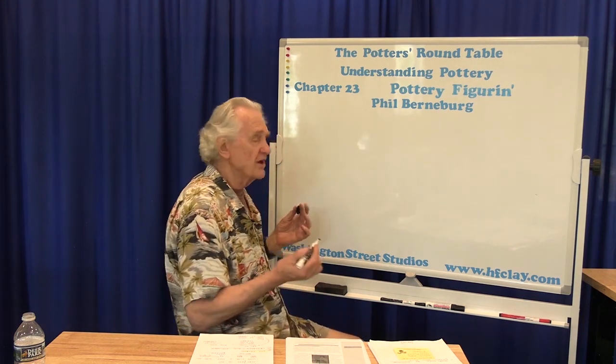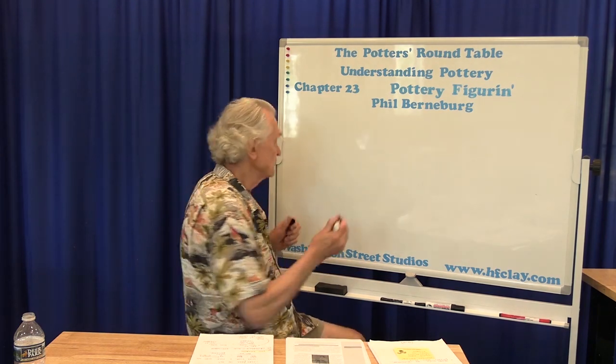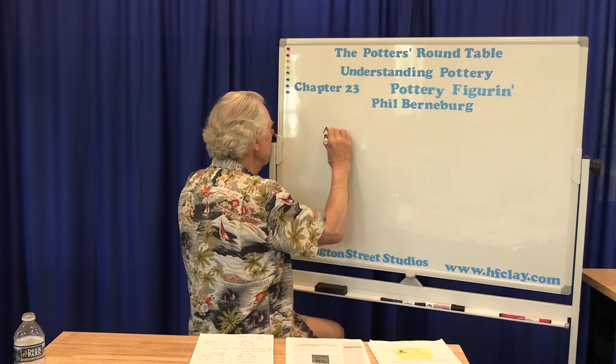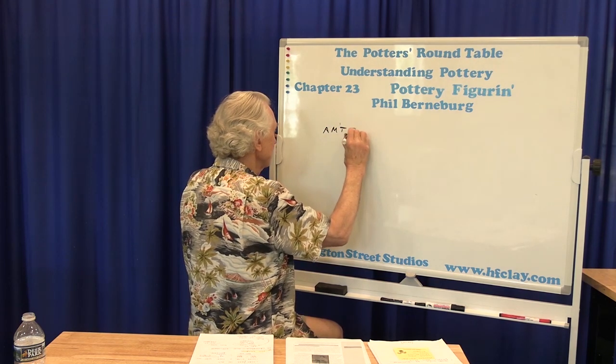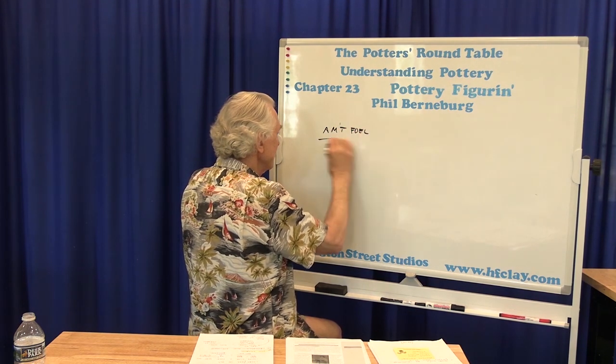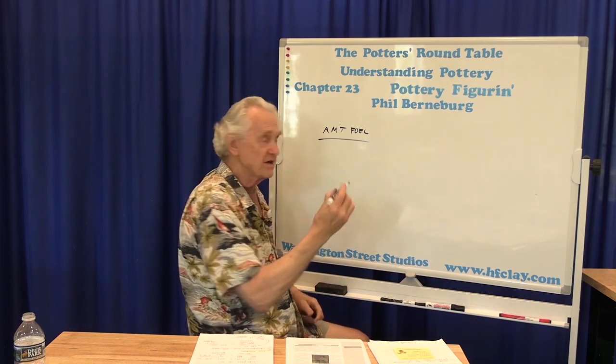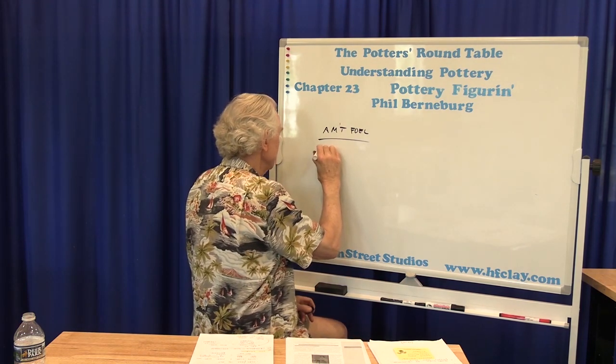What you really want to talk about when you talk about the efficiency of the kiln is not how much fuel you used or how long the firing went. What you really want to talk about is the amount of fuel divided by the total weight of the ceramics that you fired.